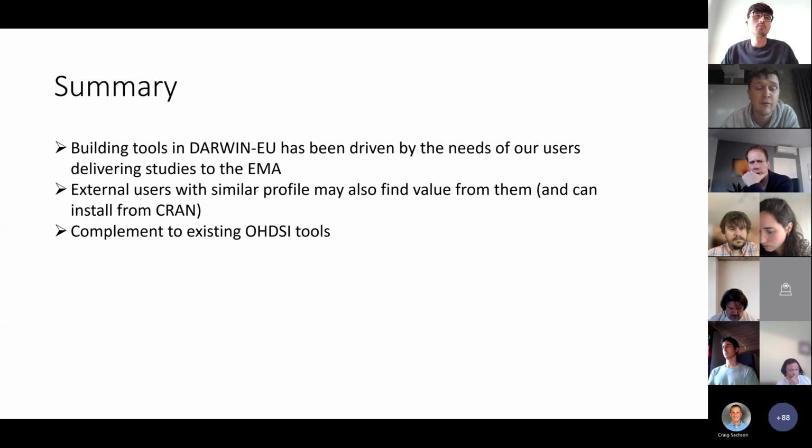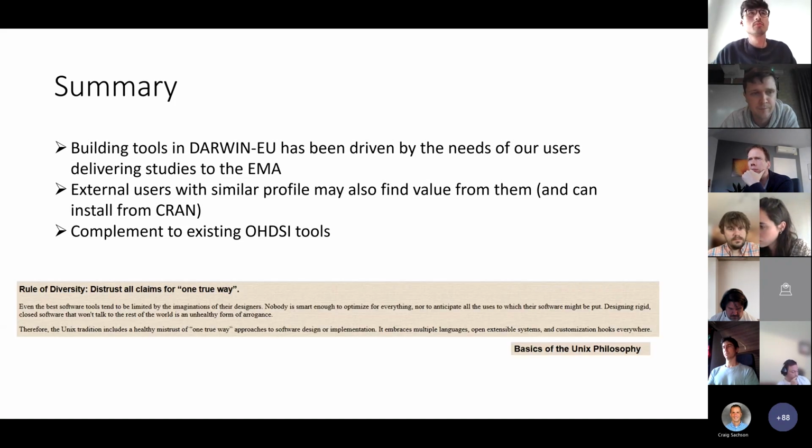And then all of these can be seen to complement, hopefully, existing Odyssey tools, of which there are many extremely useful tools out there. And maybe I just saw this quote as also, especially when we hear about Julia later, something that I think about: the need for diversity and not trying to find the one true way that satisfies every potential user.